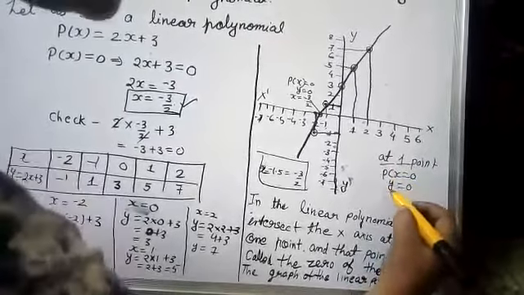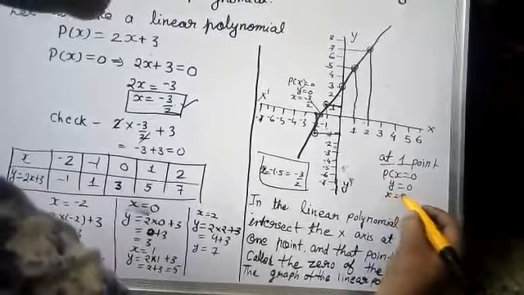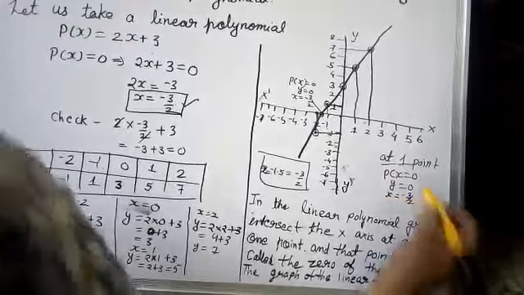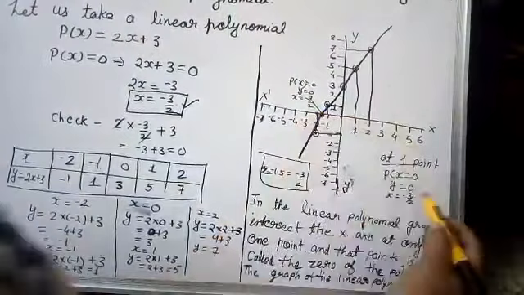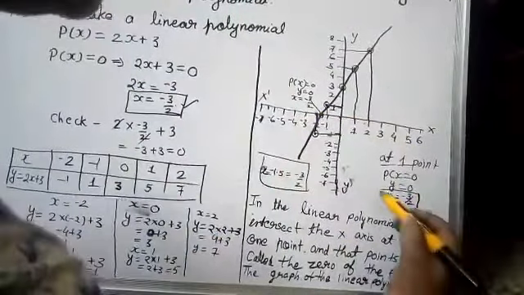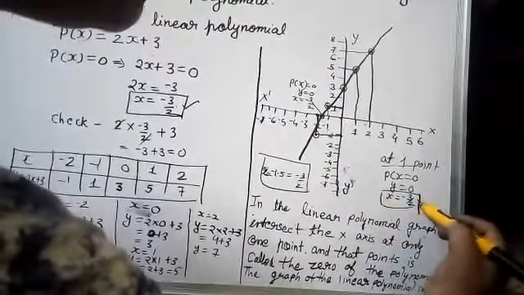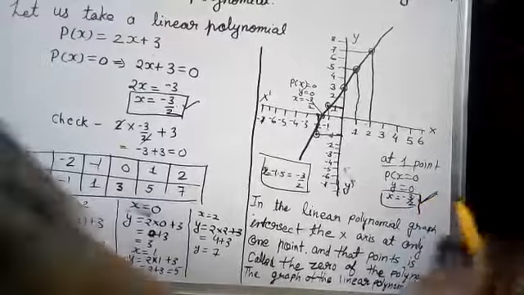The graph is intersecting the x-axis at x is equal to minus 3 by 2. This is the root of the polynomial or the zero of the polynomial.